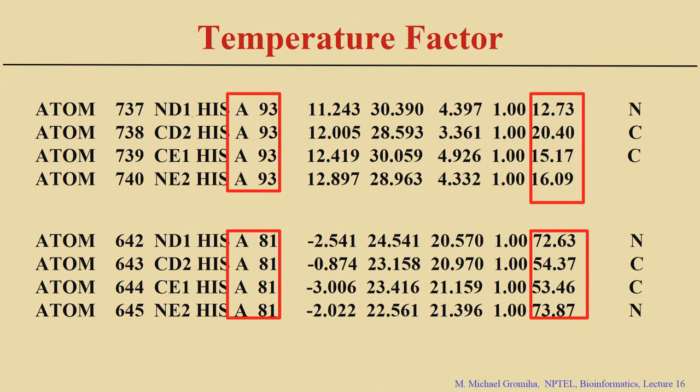Here you can see histidine 93 ND1 and CD2, the value is around 12, 15 or 16, and you can see these atoms are rigid. In the same way, if you see histidine 81, ND1 and CD2, the values are more than 50, say 72 or 73, and in this case these atoms are highly flexible and the B factors are very high.